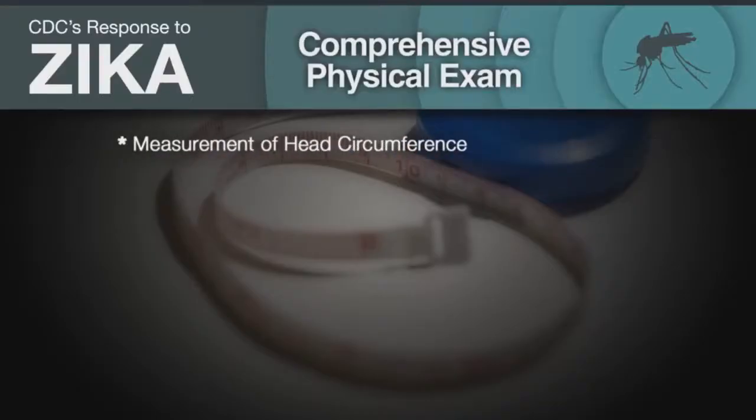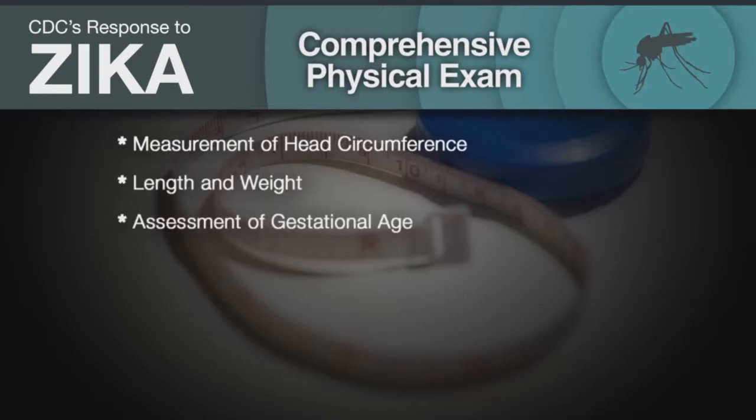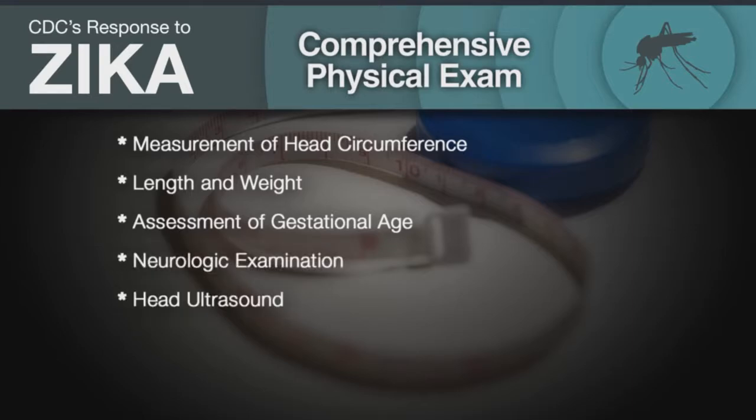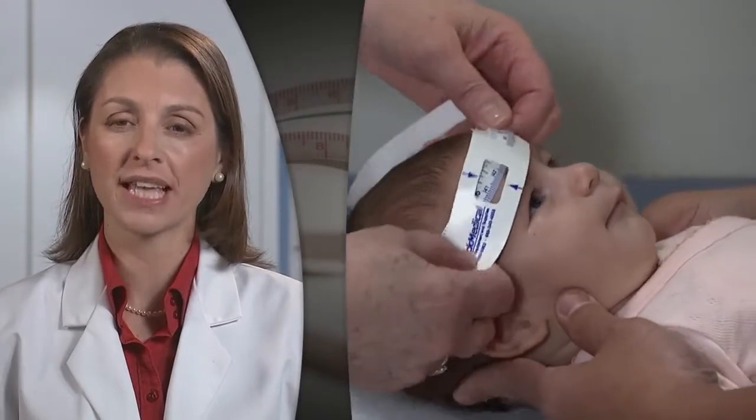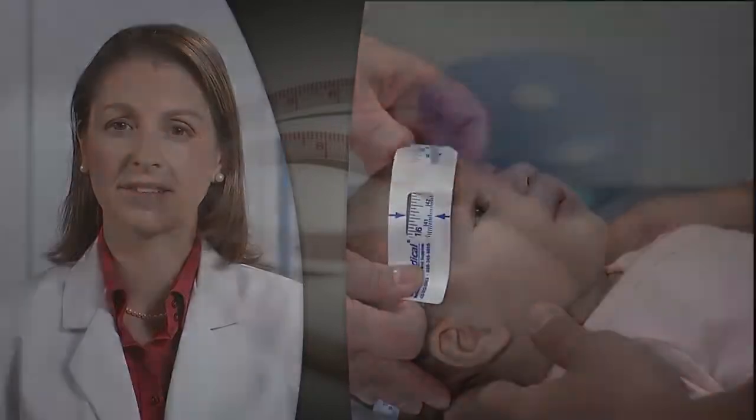All infants born to mothers with laboratory evidence of confirmed or possible Zika virus infection during pregnancy should receive a comprehensive physical exam, including measurement of head circumference, length and weight, and assessment of gestational age, a neurologic examination, a head ultrasound to assess the brain structure, a standard newborn hearing screen, and testing for Zika virus infection before hospital discharge. This video will show clinicians how to measure an infant's head and length.